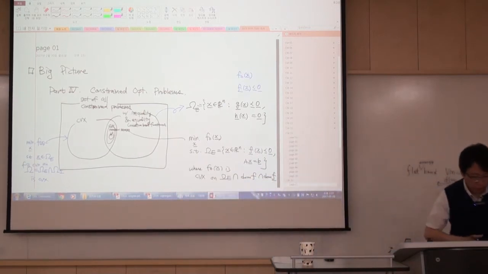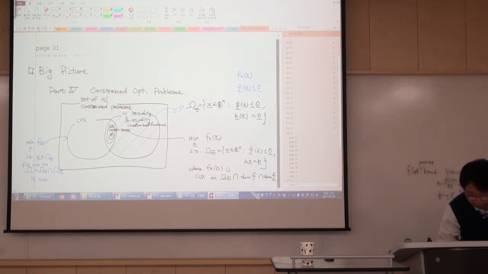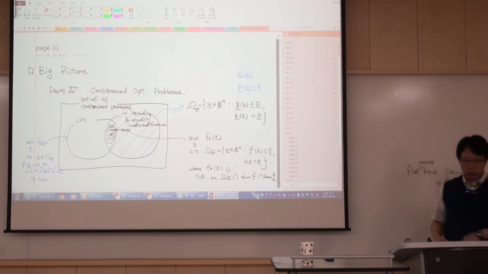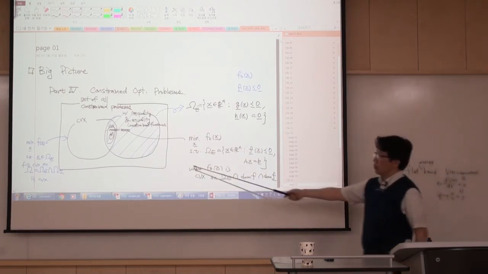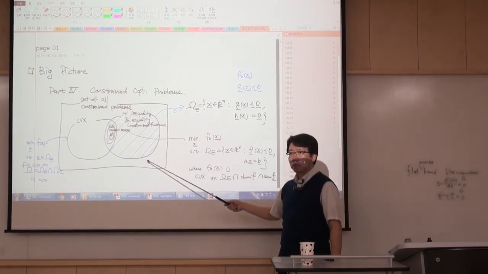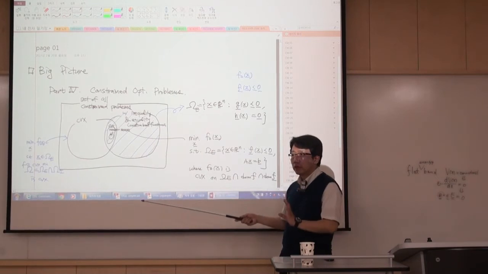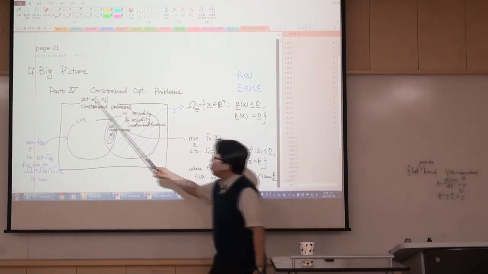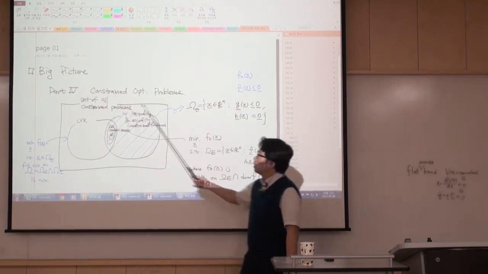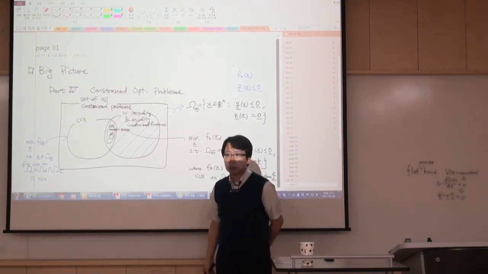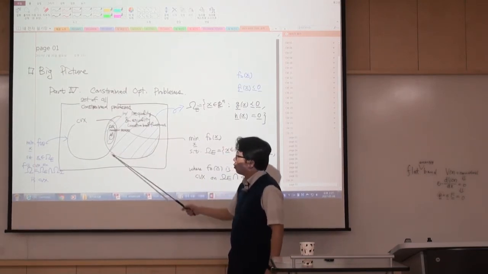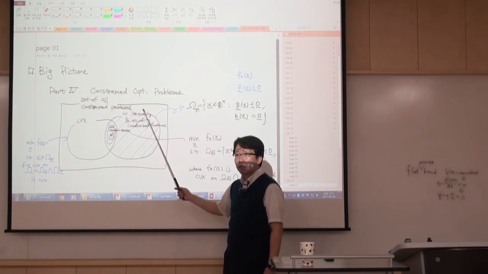So from today, we study this subset. So be careful. We do not study the set of all constrained optimization problems. We study a smaller set. Got it?